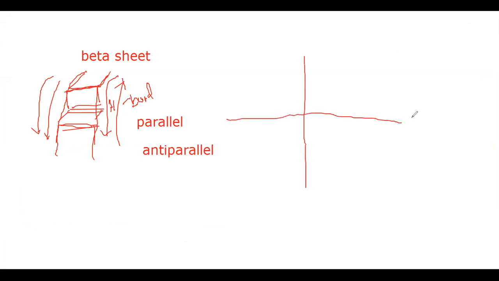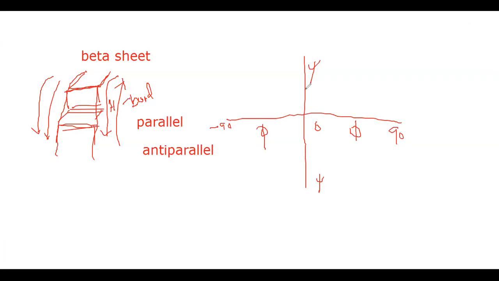Here we have phi, here we have psi. This direction is positive. This is 0 degree, this is 90, and this is minus 90. This is plus 90, this is minus 90.